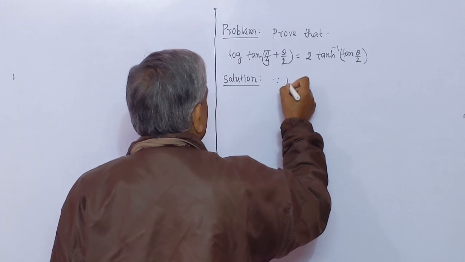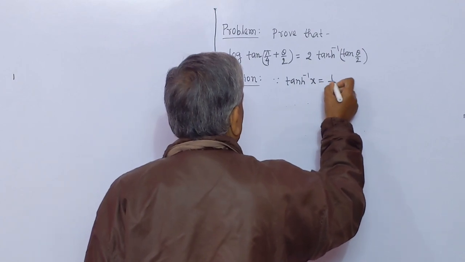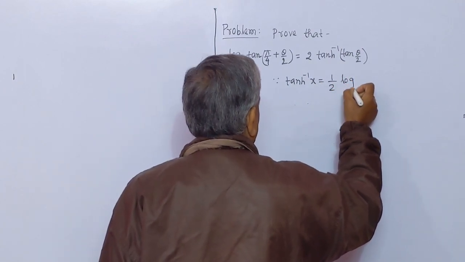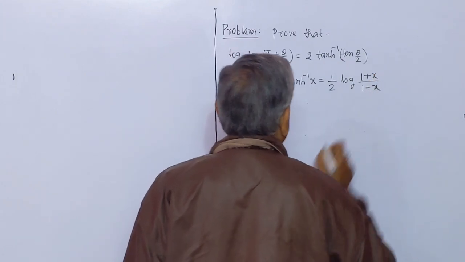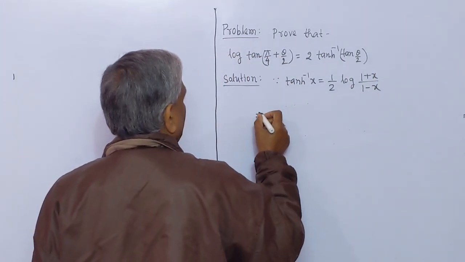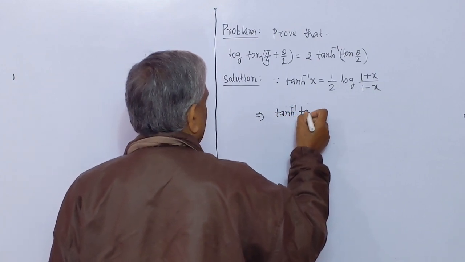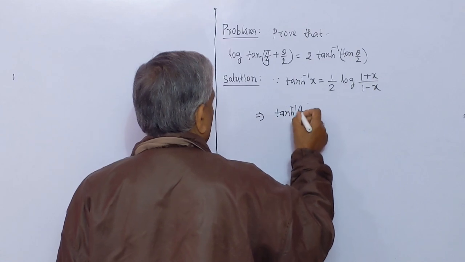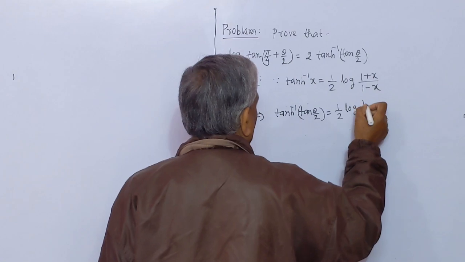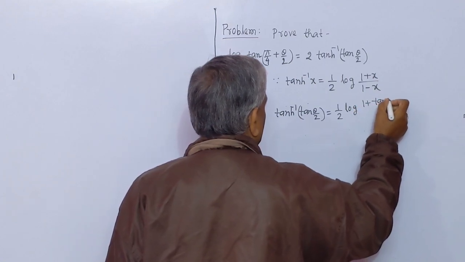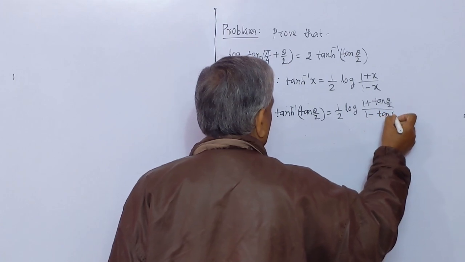Since tanh inverse x equals half log of 1 plus x by 1 minus x, it implies that tanh inverse of tan theta by 2 equals half log of 1 plus tan theta by 2 by 1 minus tan theta by 2.